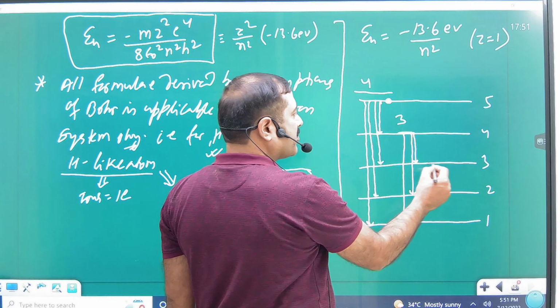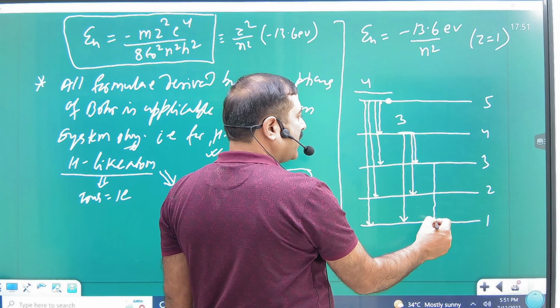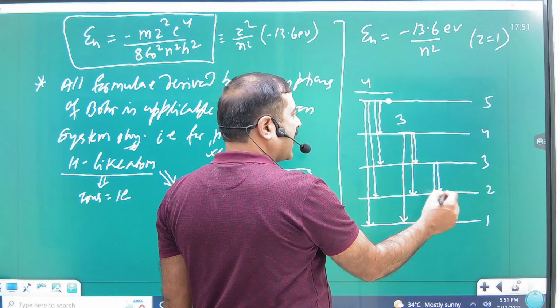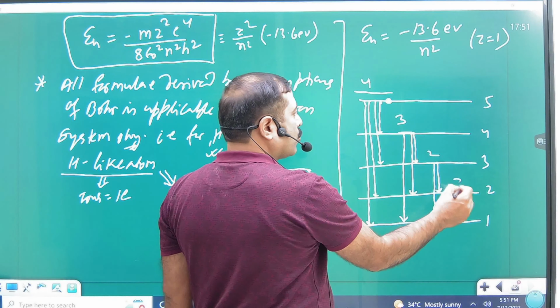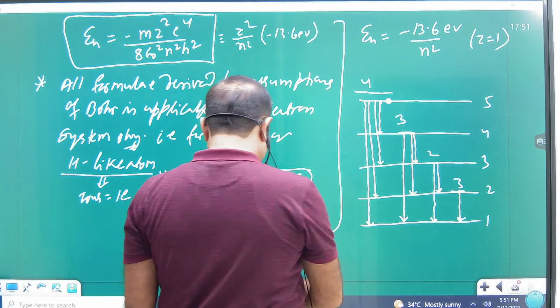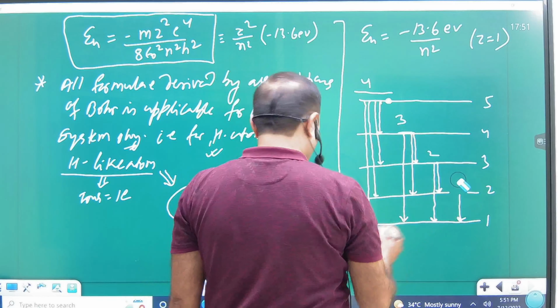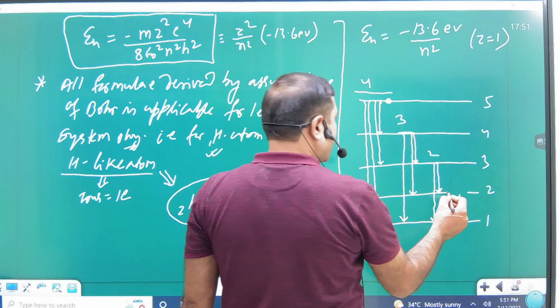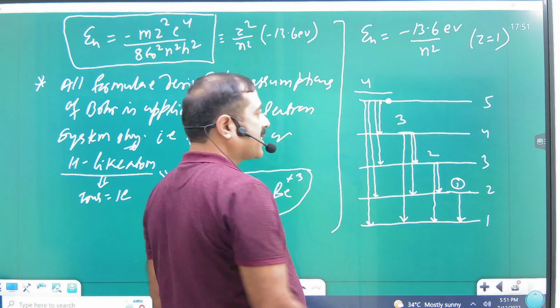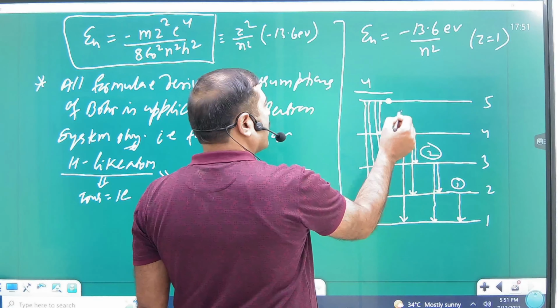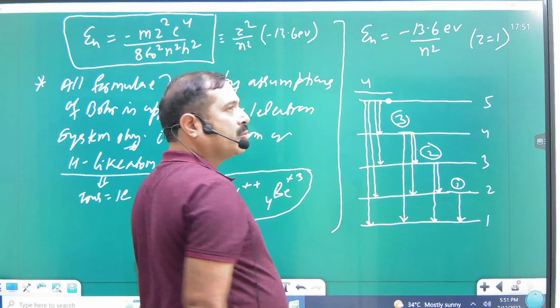When the electron is present in the 3rd orbit, it has only 2 options to jump, and in the 2nd orbit only one option. So the total number of electromagnetic radiations emitted when the electron was present in the fifth orbit, the total number of emission lines, is 4 plus 3 plus 2 plus 1.